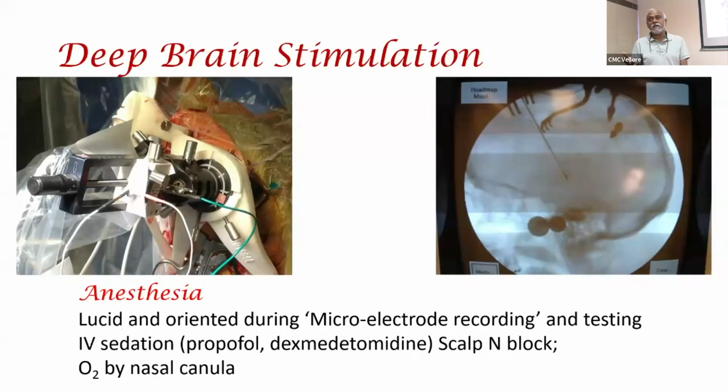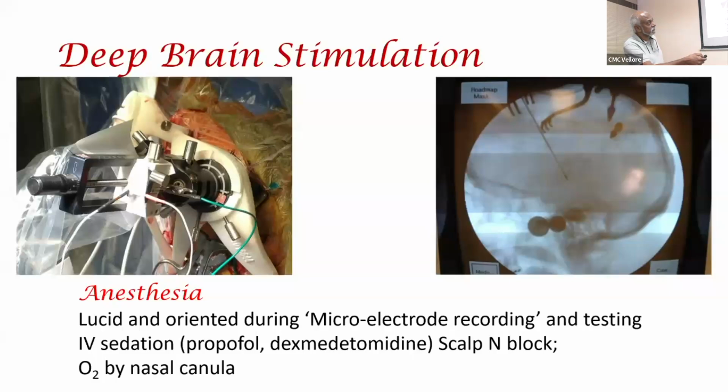The second part is that whenever you stimulate the basal ganglia, you can have dysarthria. So they make the patient say complex words to make sure there's no dysarthria. You put up this contraption and push these leads through a burr hole, with recording electrodes.